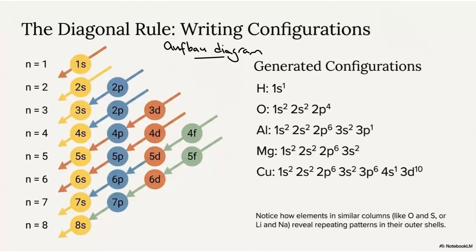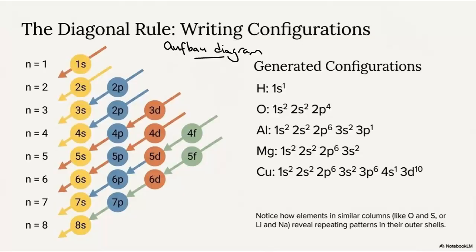And then for N3, we have S, P, and D. For the 4 is S, P, D, and F. The same for the 5, 6, 7, and 8. For the 6, 7, and 8, I'm omitting some of those because we don't really need them. And the reason we don't really need them is because of elements in the periodic table. Not all of them will fill those sublevels.